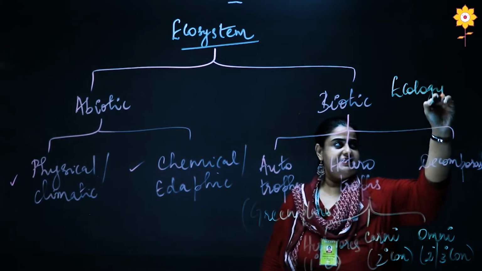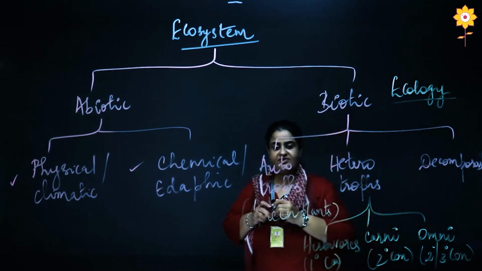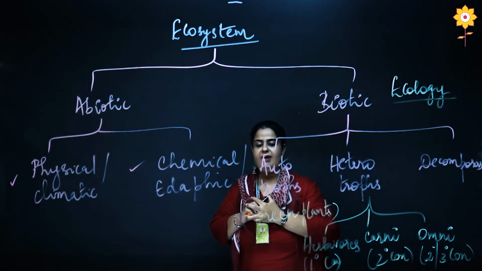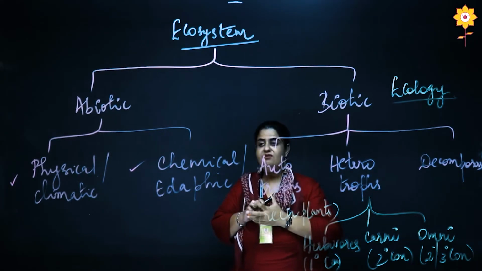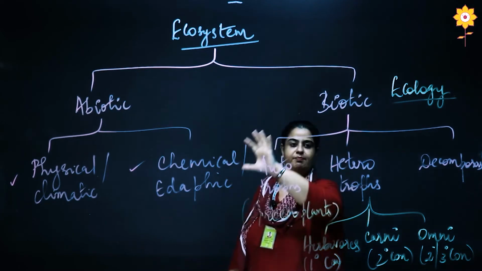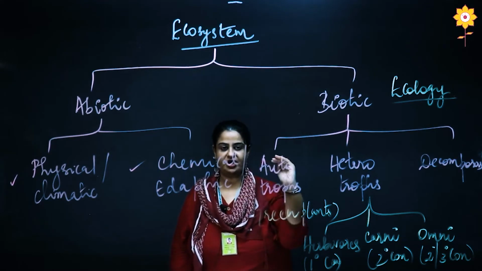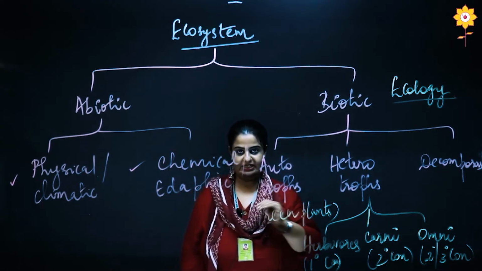And it is this branch of science, which is multidisciplinary in nature, that has given a clear-cut idea about the structure of ecosystem, which helps us understand more about the interaction between biotic and abiotic components. I hope the structure of ecosystem is very much clear.